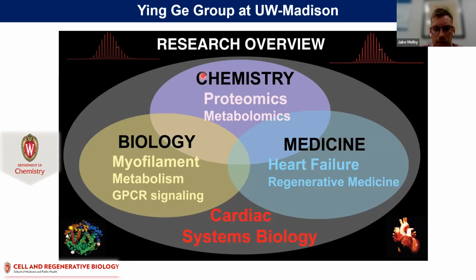I'm a chemistry student, so I've spent a lot of my time learning top-down mass spectrometry, top-down proteomics, but we also have other students working on metabolomics, as well as biology students that are studying important things related to muscle, such as myofilaments, metabolism, GPCR signaling.